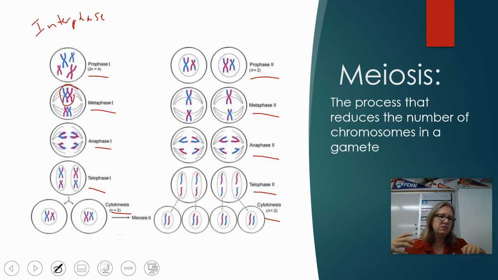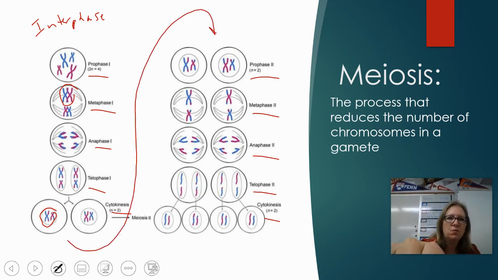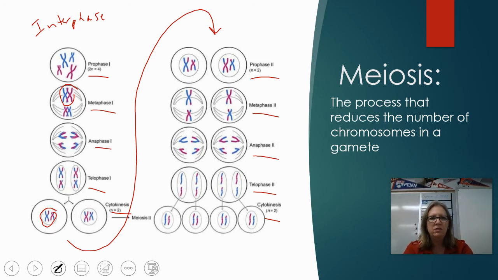Anaphase, you get pulled apart. Telophase, the nuclear membrane starts to reform, and then cytokinesis, okay? So we've got a little bit of a mix of the chromosomes that we started with, okay? But we're still at the diploid status. We still haven't cut them in half, okay? So from here, we go straight into prophase. We don't go through interphase again, and so there's not a copying of the chromosomes, all right?